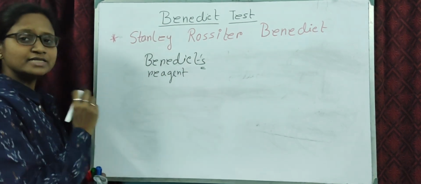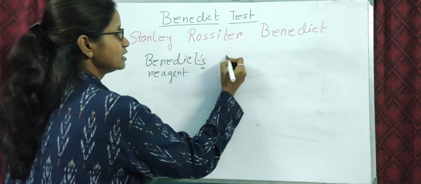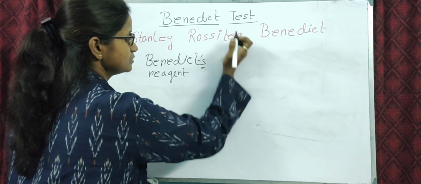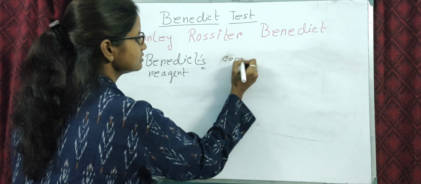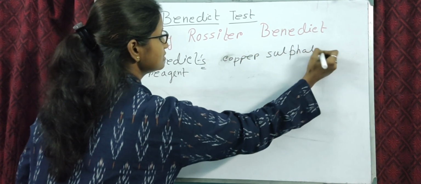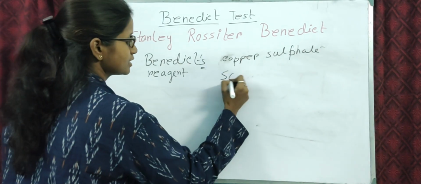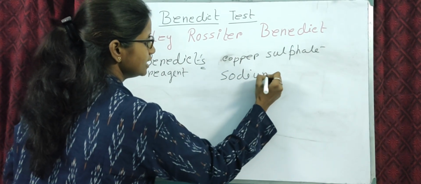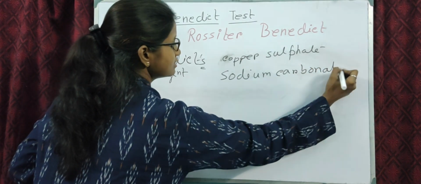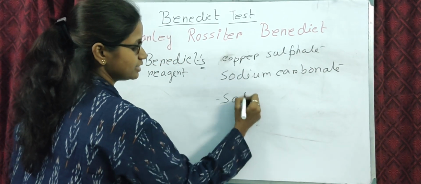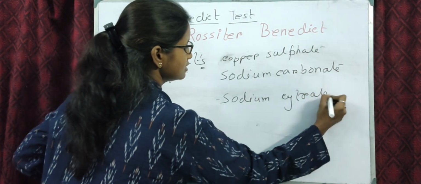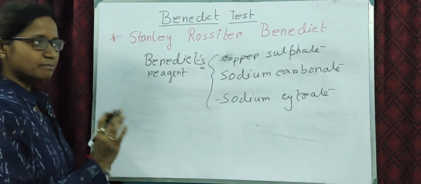What are the components of Benedict's reagent? Copper sulfate, sodium carbonate and sodium citrate. These are the main components.